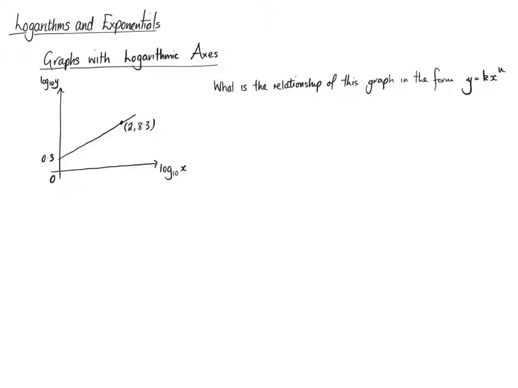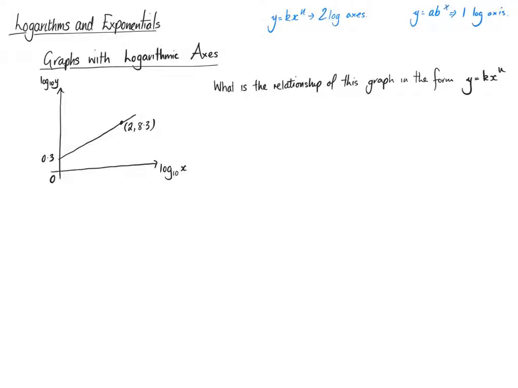To do this, you can take the logarithm of each axis, and you can do this when you've got two forms. You have y equals kx to the n, and that's when you've got two log axes, and you've got another one which is y equals ab to the power of x, and for those you have one log axis.